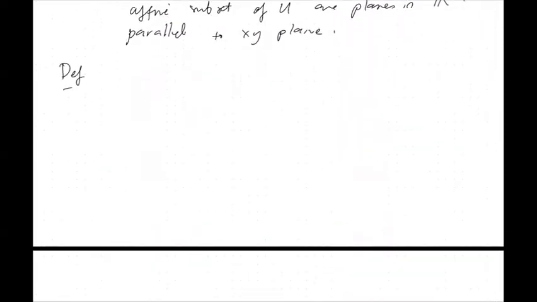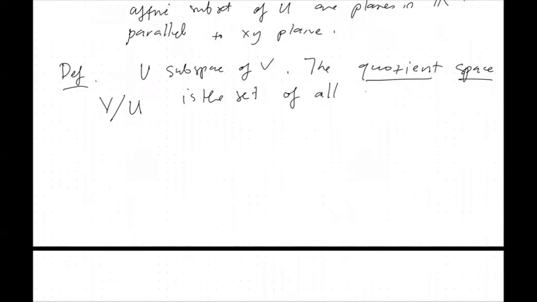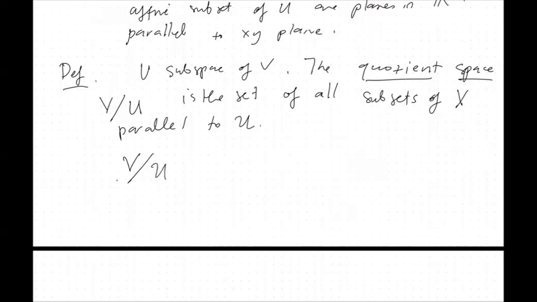Now we define a quotient space. Let U be a subspace of V. The quotient space of V modulo U is the set of all subsets of V parallel to U. Okay, let us note this notation.